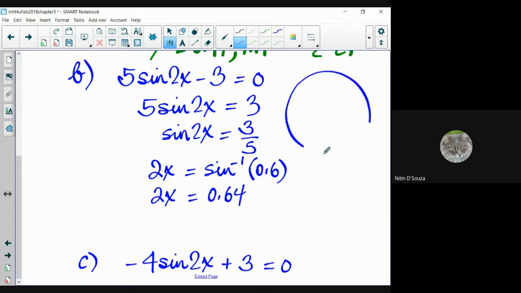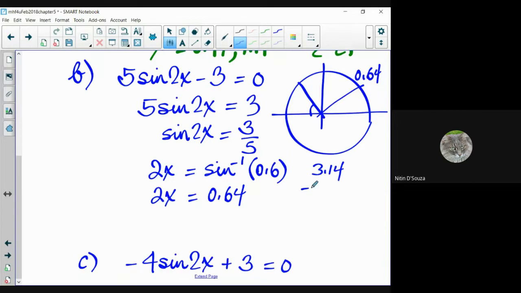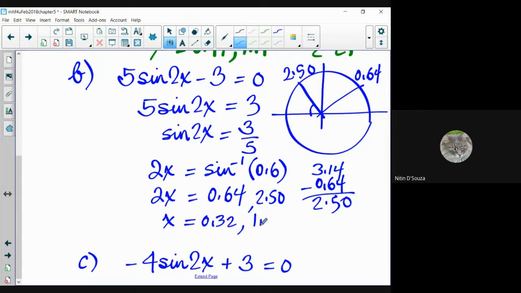So here's my circle. 2x is only going from 0 to pi. 0.64 will be somewhere over there. My sine is also positive in this quadrant. So that'll be 3.14 minus 0.64. So x would be 0.32 and 1.25.